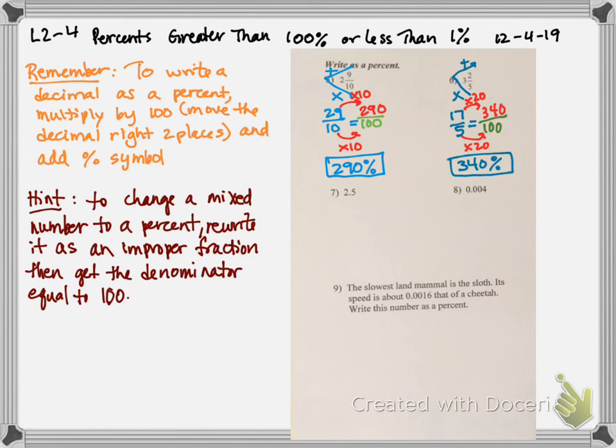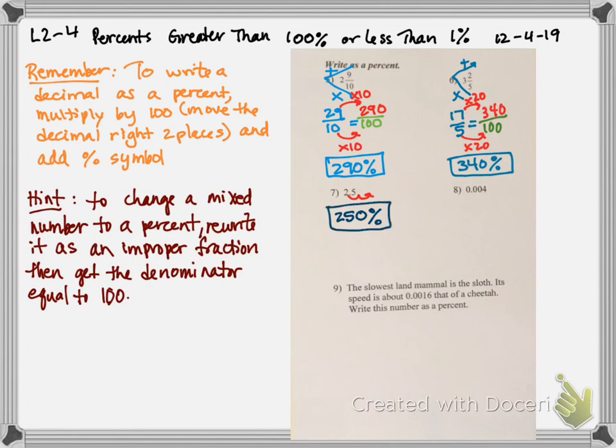and call it done. All right, now I have some decimals, and it says, again, to rewrite a decimal as a percent, we're going to multiply by 100. So that's going to move the decimal point right 2 places. And that's going to give us 250. Remember, we have to fill in that gap with a 0 and then pop on that percent symbol.